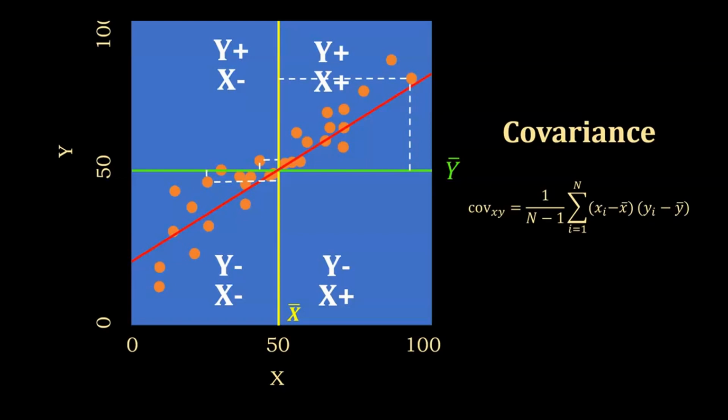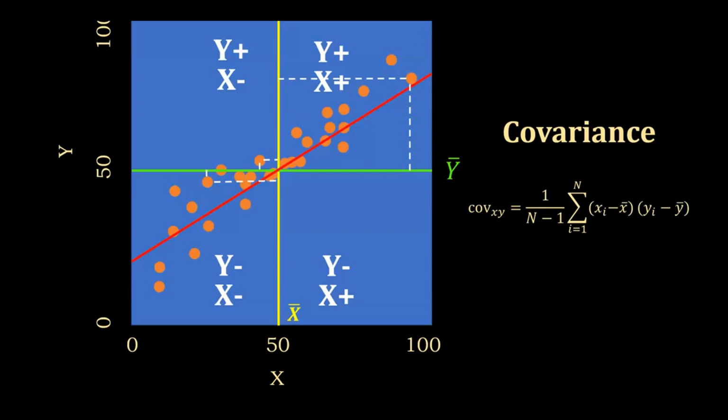Now, we can divide the space into 4 quadrants. In the top right one, the values of the difference will be positive for y and positive for x. So when we take any of these orange dots and subtract the mean of y, it will be a positive value. When we subtract the mean of x, it will also be a positive value. So we are multiplying 2 positive values.